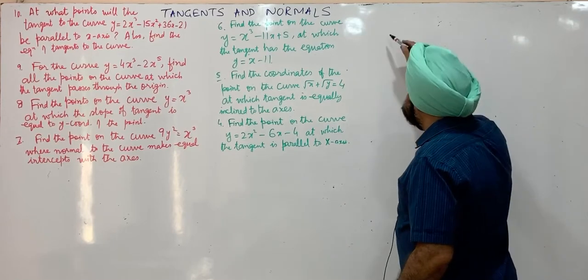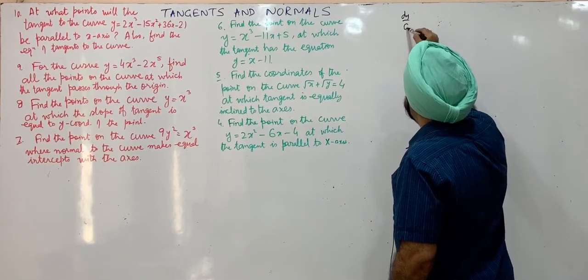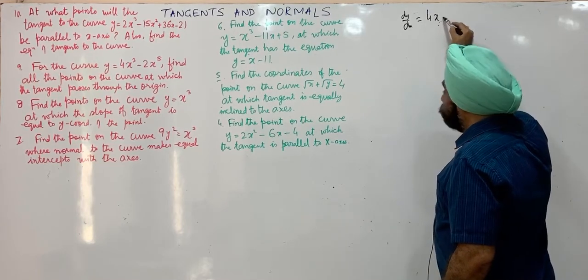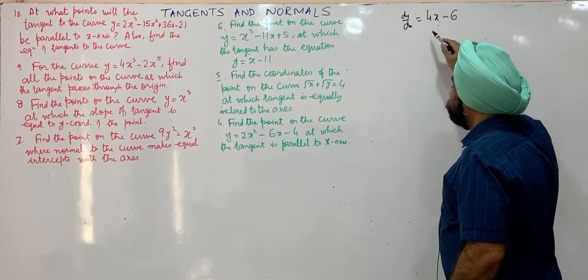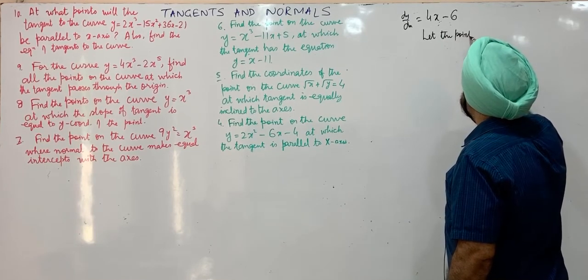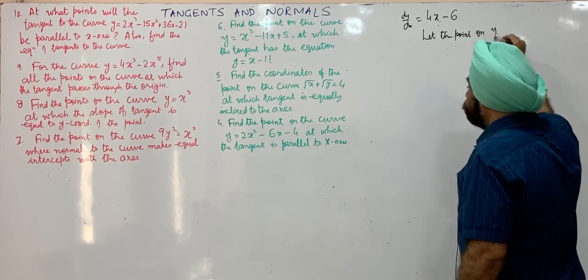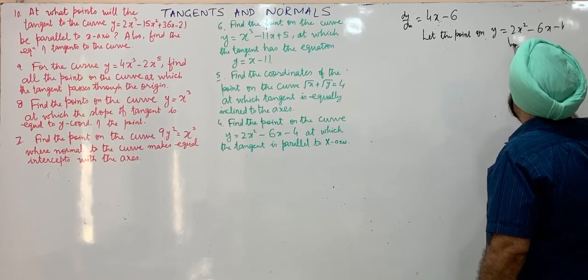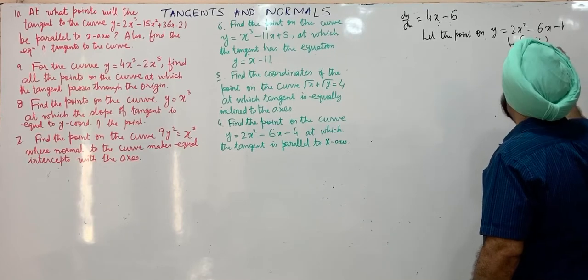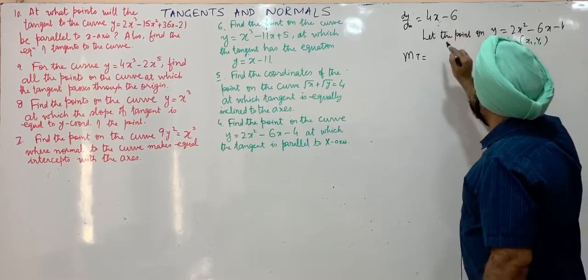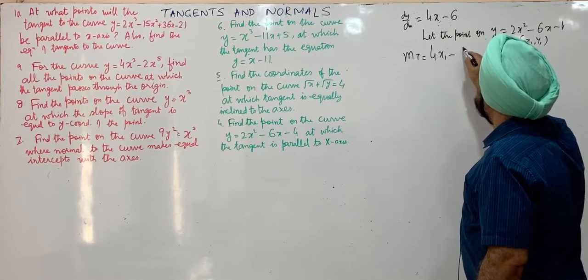What gives us the slope of the tangent? It's the derivative, dy/dx, which is 4x - 6. So let the point on the curve be (x1, y1). For the slope of the tangent, we put x1 here. The slope of the tangent is 4x1 - 6.